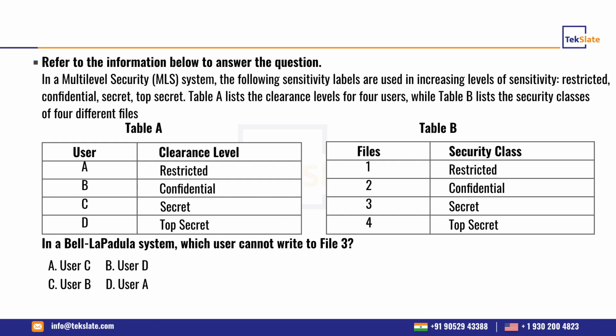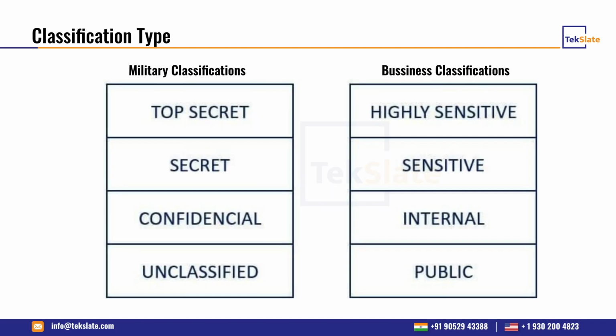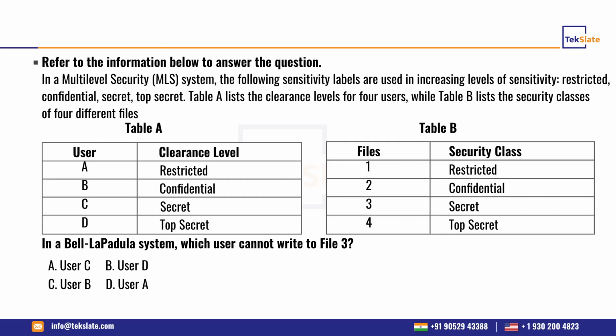What does the Bell-LaPadula model say in the star property? The top level can't write down. So who is the top level here? Top secret. Who is top secret? User D is top secret, and he can't write to the secret file, meaning file 3, because top secret is greater than secret.